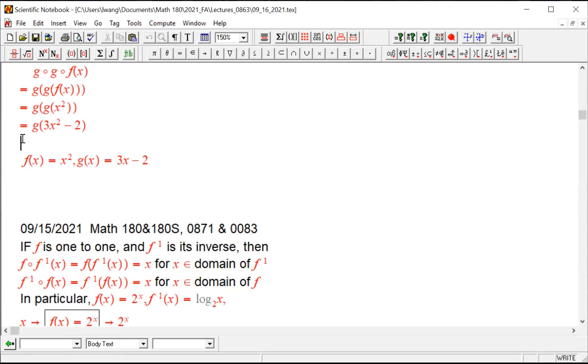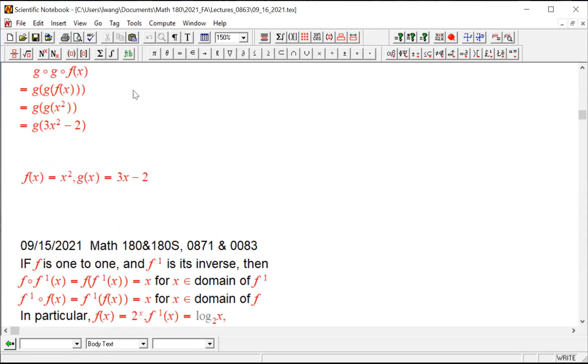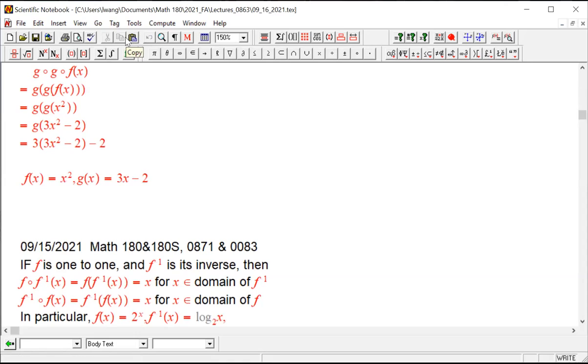And then you compose g again. So this time you're working with g of 3x squared minus 2. That's going to give you 3 times, your x now is 3x squared minus 2, so this is the entire thing, minus 2.